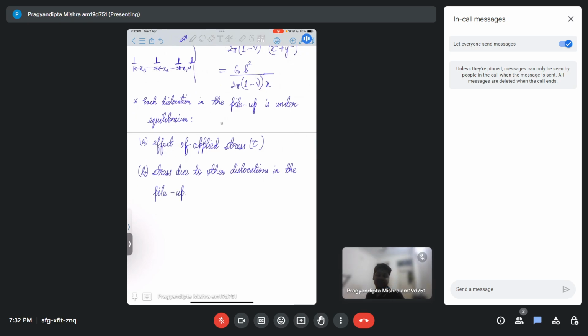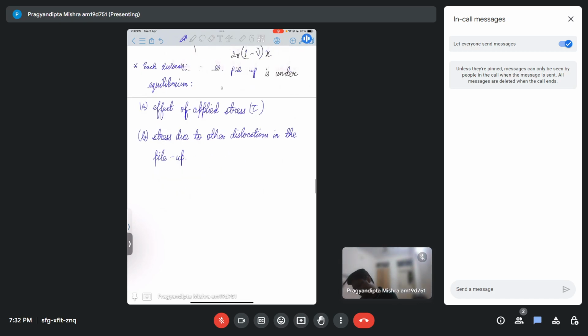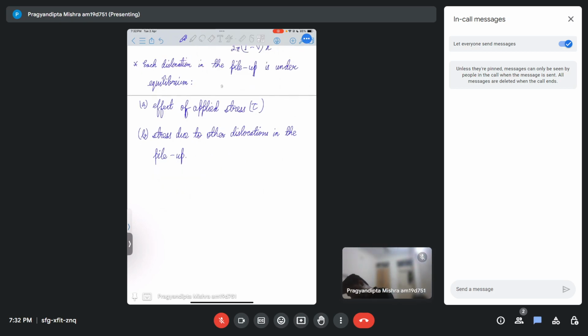So essentially, these two stresses are balancing each other out and they are in equilibrium. Okay. So the resulting force acting on the dislocation can be found using this equation. Let me write down the final version.